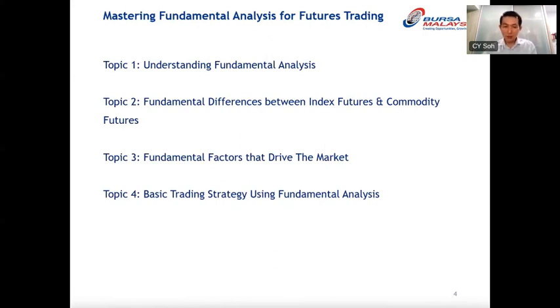And then later on, topic number 2, you will learn and notice that the different types of futures markets require different types of fundamental analysis. So you will be looking at a different set of information. Understanding the distinctions between the two types of futures markets is very important for helping you select the right trading approach and manage your risk effectively.